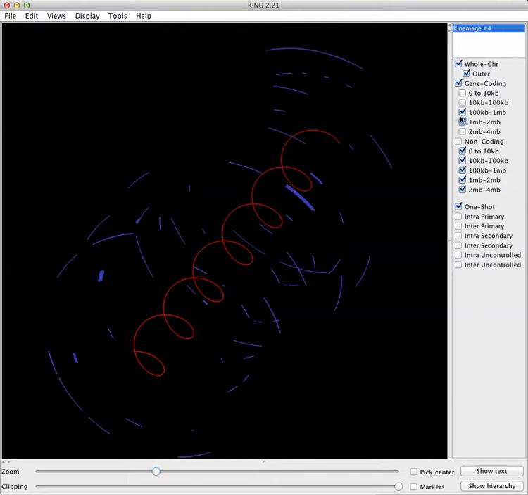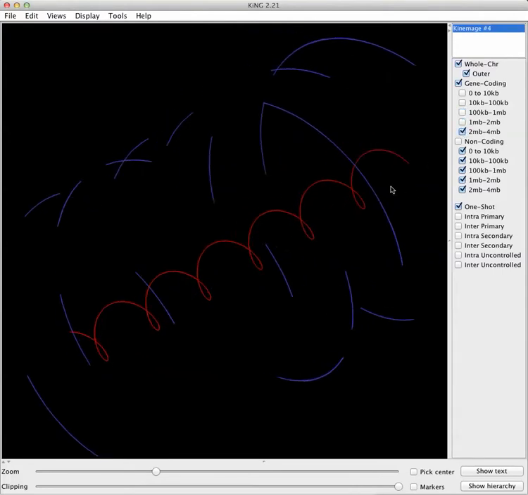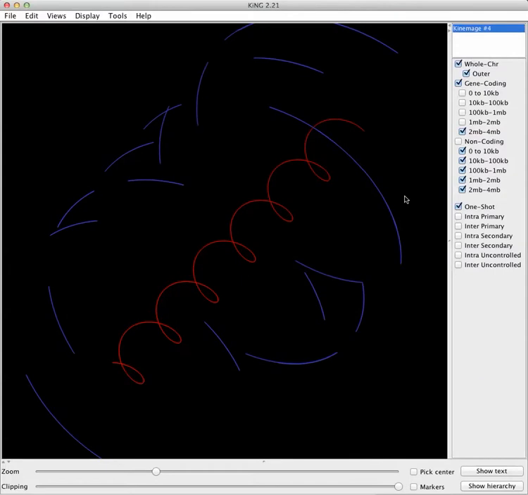These are the loops that are 1 megabase to 2 megabases in length, and then these are the ones that are very long, 2 to 4 megabases. And so we could do the same sort of thing with the non-coding.